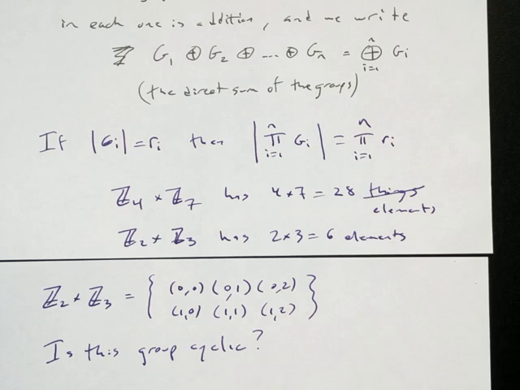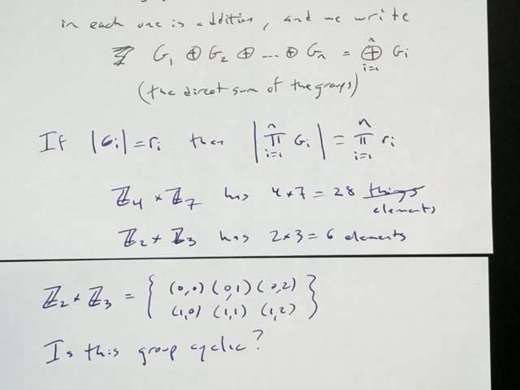How do I show this is cyclic? Could it be like component-wise adding one to each part of the ordered pair? So if we look at just the first element, if we add one, we go from 0 to 1 back to 0.